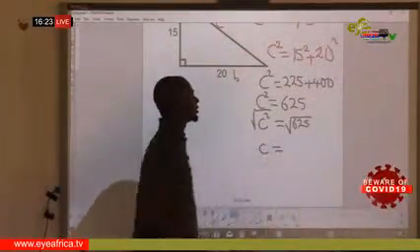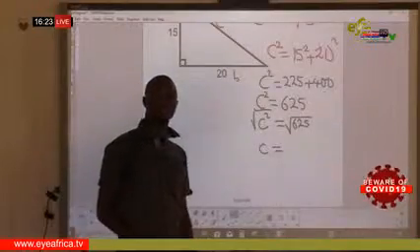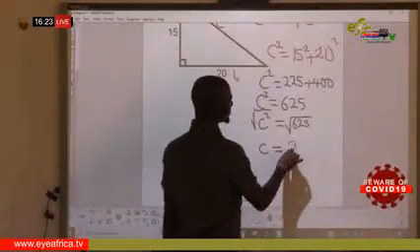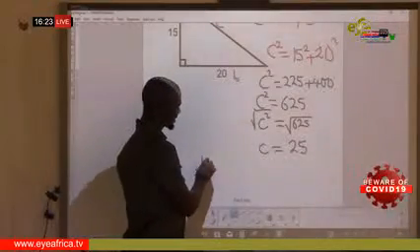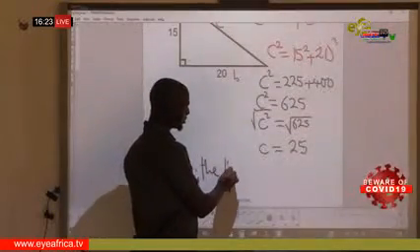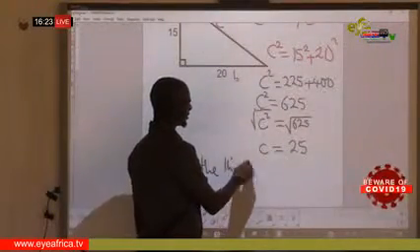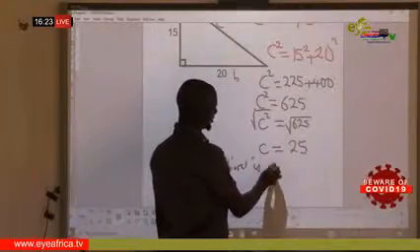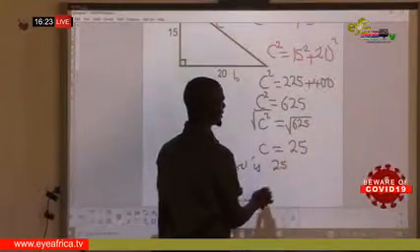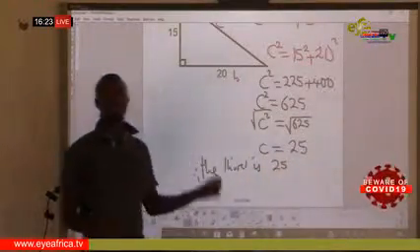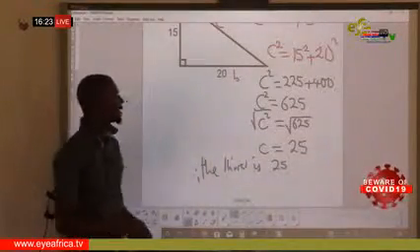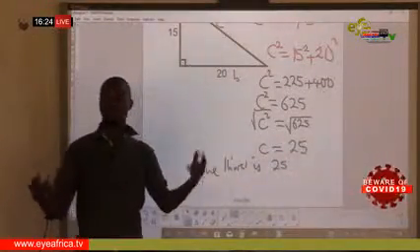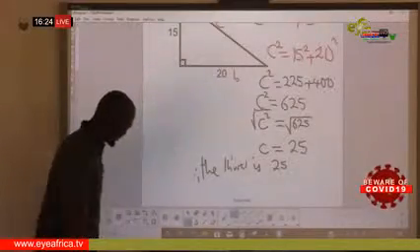This equals the root of 625, which is 25. Therefore, the third side is 25. This is what you do to find the third side of a right angle triangle if the other two sides are given. Let's look at the next slide.